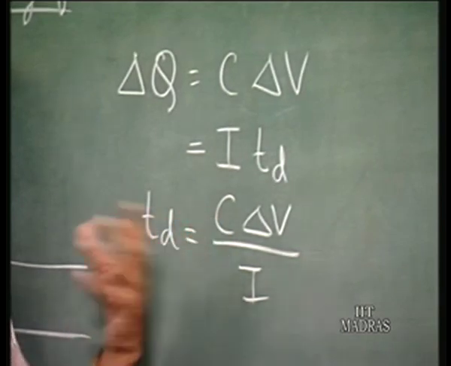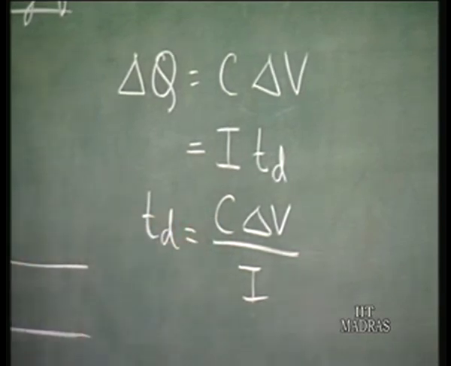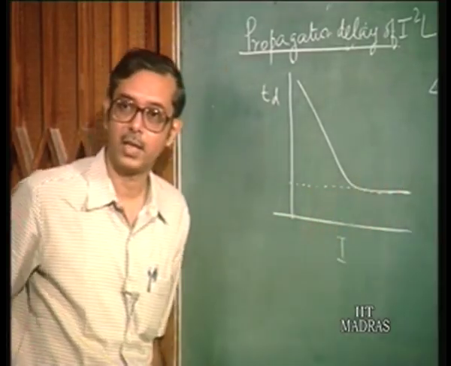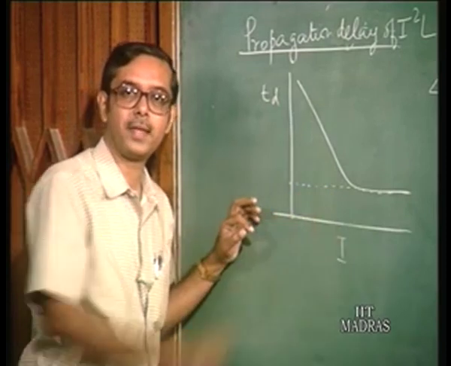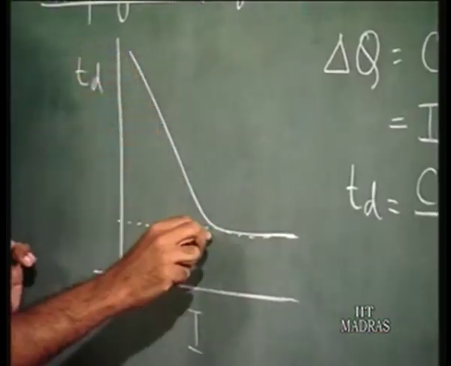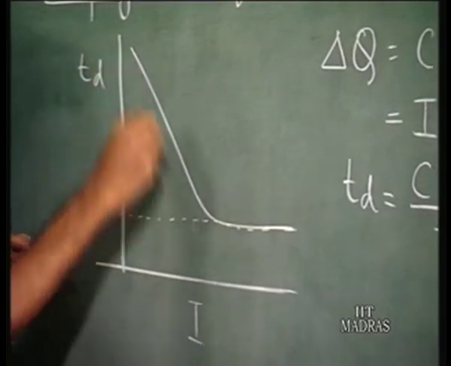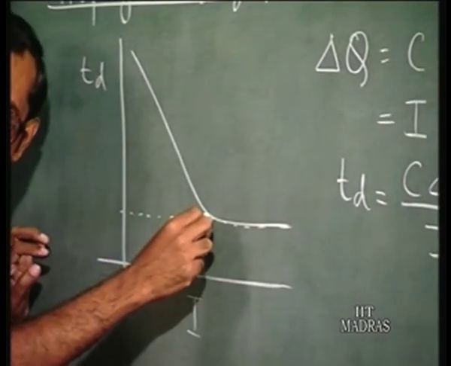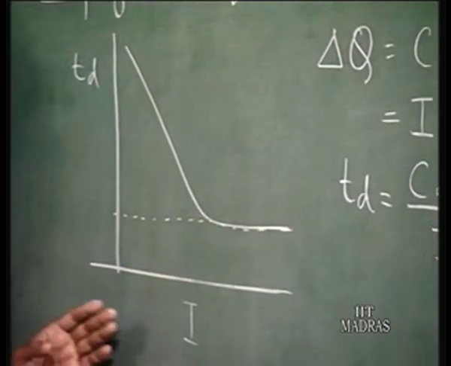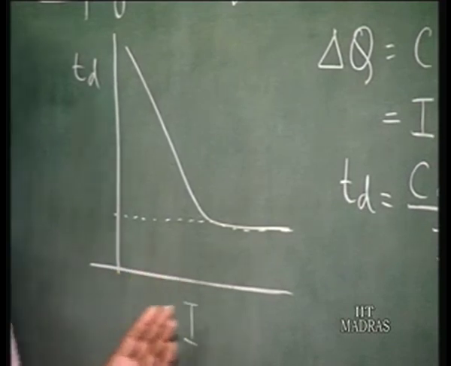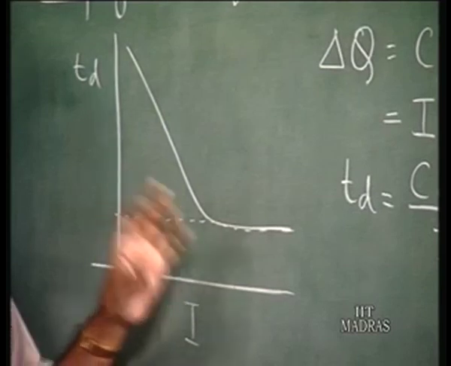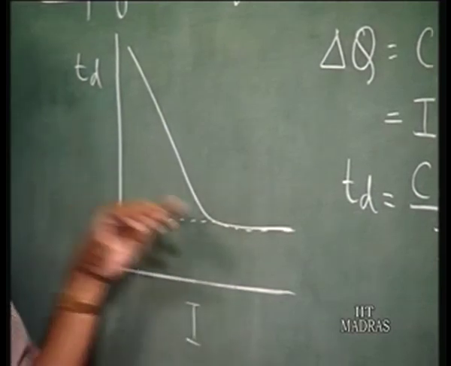So when the diffusion capacitance starts to dominate, the delay becomes a constant, independent of current. So with increasing current, initially the delay starts to fall, and then it becomes a constant. If you go on increasing the current further, there is no further reduction in the delay.